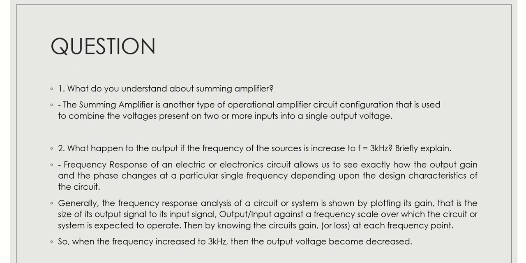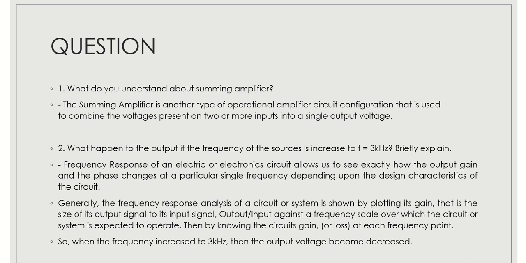Two. What happens to the output if the frequency of the source is increased to 3 kHz? As we know, frequency response of an electric or electronic circuit allows us to see exactly how the output gain and the phase change at a particular single frequency depending on the design characteristic of the circuit.